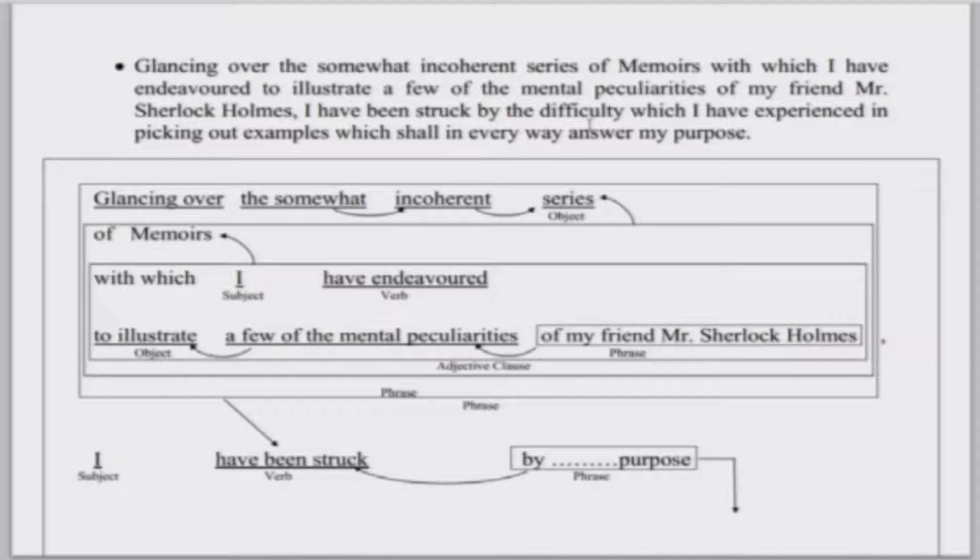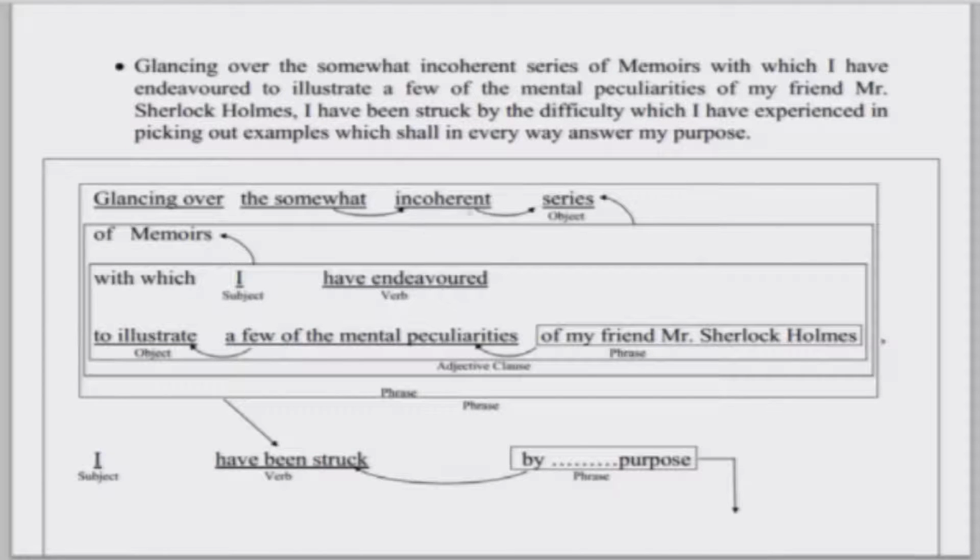By something, by the difficulty. The phrase runs from this point onwards till the end of the sentence. So, I have been struck by something, and that something is difficulty, and difficulty is qualified by this adjective clause, to which we will come later.